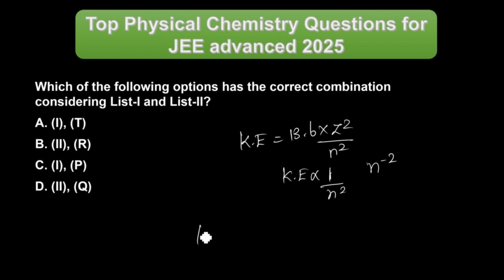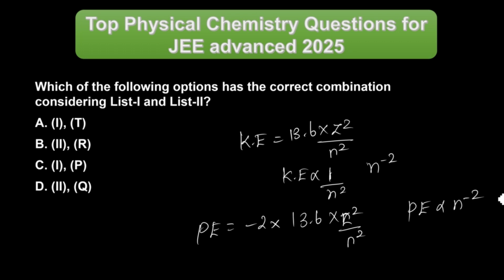So potential energy equal to minus 2 into 13.6 into Z square by n square, isn't it? So which means potential energy is inversely proportional to n square, where I am writing it as n to the power minus 2.